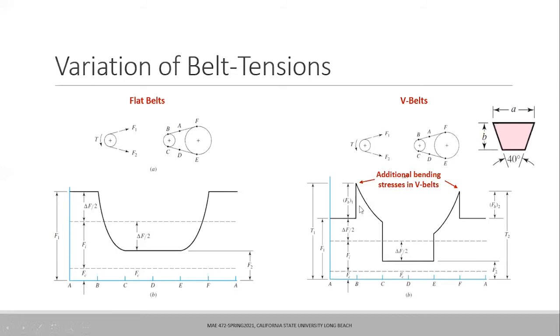When it is touching the pulley, there is an additional component of the bending stresses, and the bending stresses will decrease when it goes from point B to C, and it further decreases because it's a loose side tension, and then the same thing happens on the other end, for the driven side. So you see this sharp rise, and this sharp rise is basically the additional bending stress that was absent in the flat belt. So this is the extra component of the stresses that we need to take into account when we are designing V-belt drives.